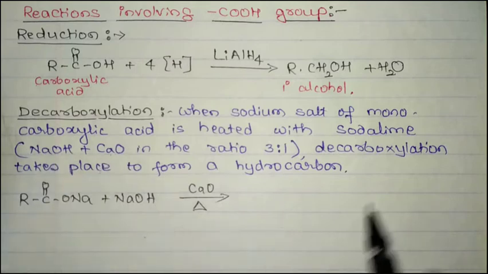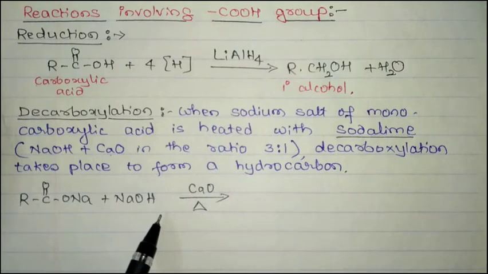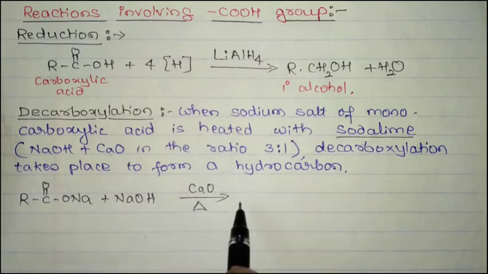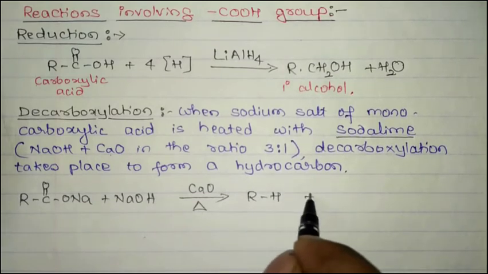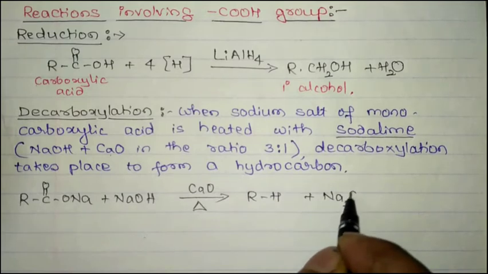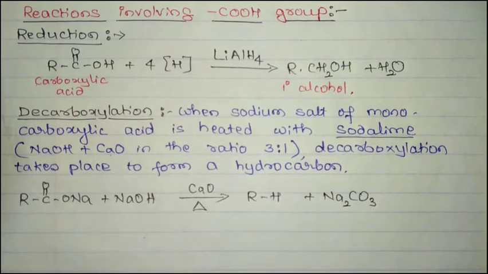This mixture is known as soda lime. Heated with soda lime, decarboxylation takes place. Removal of carbon dioxide takes place, and hydrocarbon is formed. You are going to get RH, hydrocarbon, plus Na2CO3. This reaction is known as decarboxylation. Here you can eliminate Na2CO3 like this.